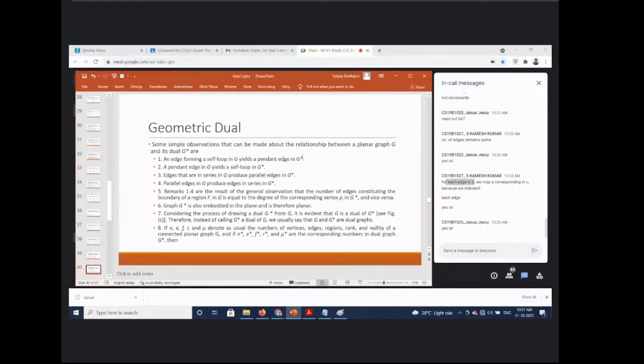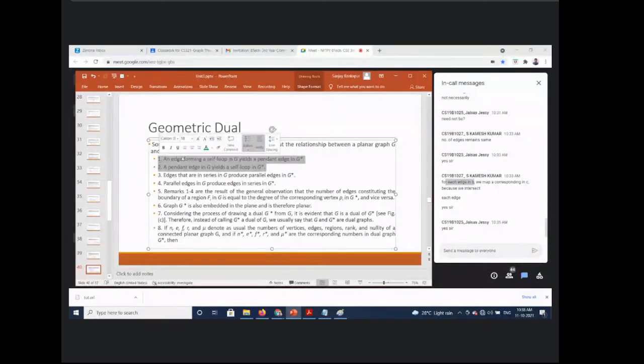Yes, we did make this observation, but we couldn't put it in a list under observations. An edge forming a self loop in G yields a pendant edge in G star. Happening in our example.